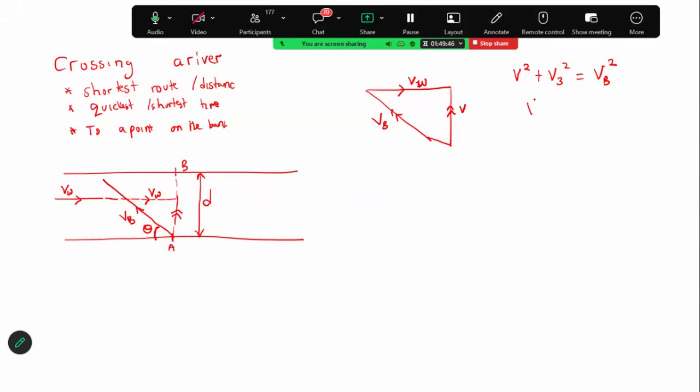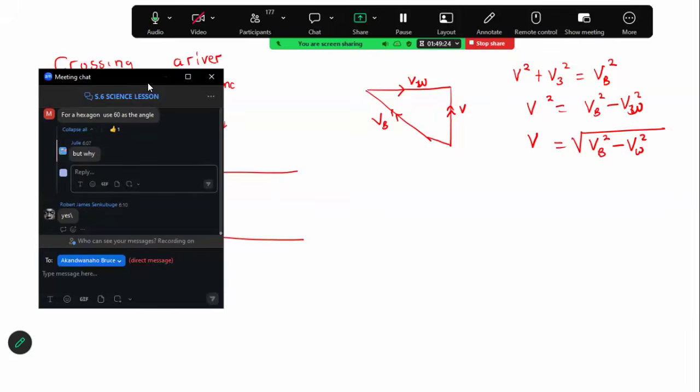Since I want my resultant velocity, V squared will equal VB squared minus VW squared, meaning that your resultant is always given by the velocity of the boat minus the velocity of the water squared. Members, are we on the same page for that? Kindly let me know.